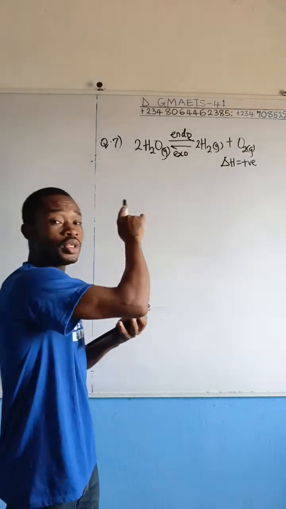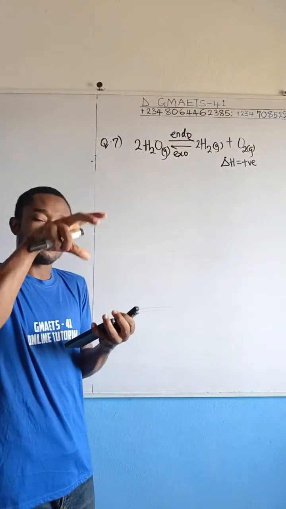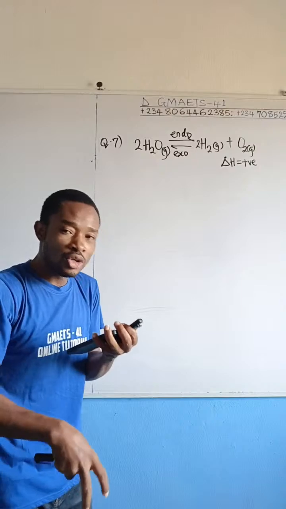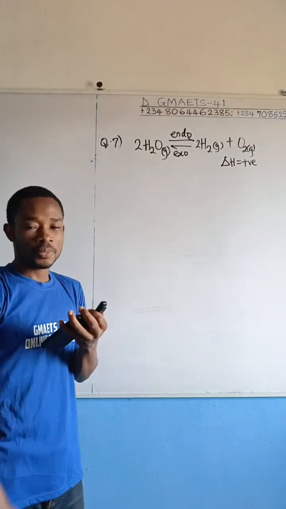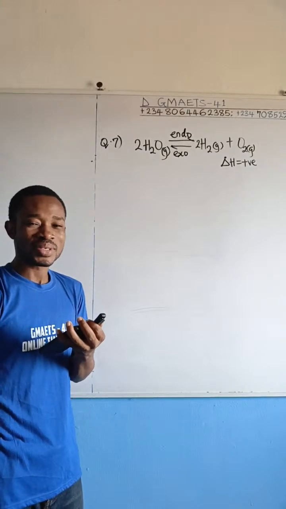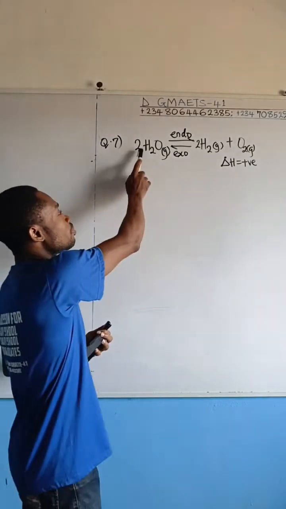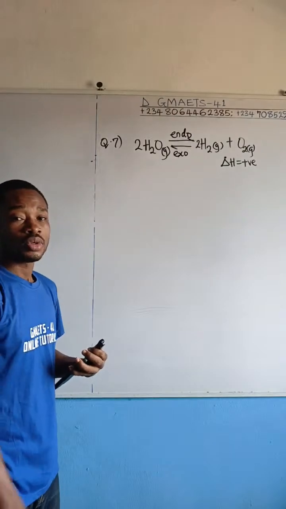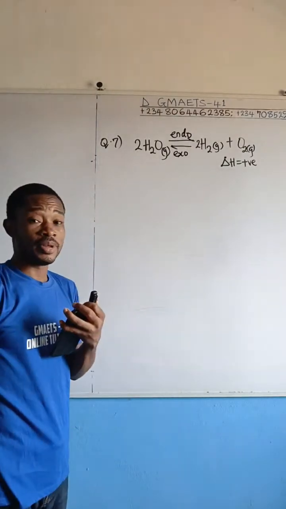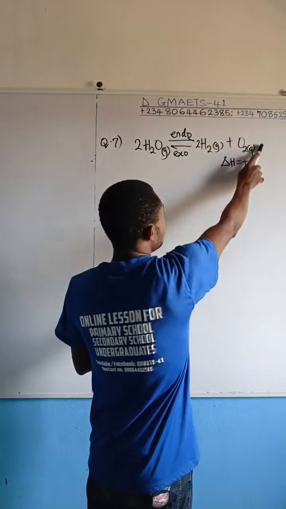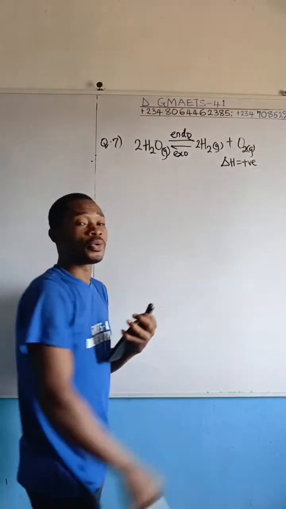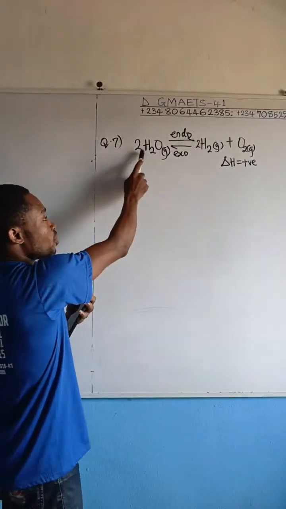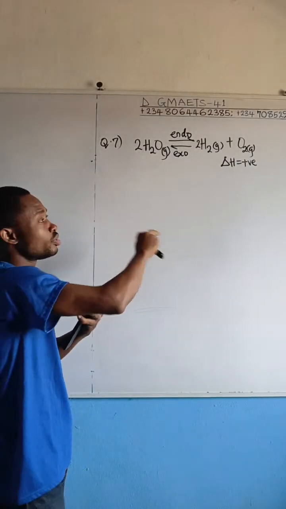So what equilibrium will do here is to go to the direction of decreasing volume, which is equal to the direction of increasing pressure. What does this mean? How many molecules of water do we have here? 2, which means we have 2 volumes. How many molecules of this product do we have? Here is 2 plus 1, so the total volume in the product is 3. Here where we have water, volume is 2.